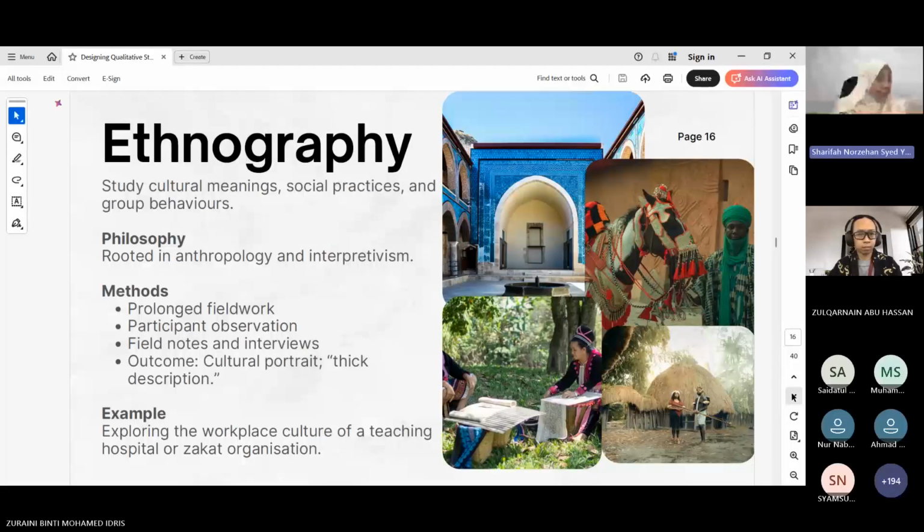Okay, next will be phenomenology. So for phenomenology, basically, you want to understand the essence of lived experience. That means you want to understand the person who actually works in that particular area.